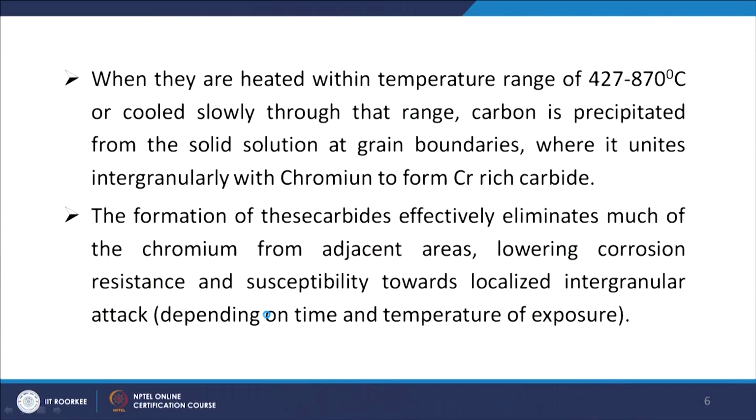Once you have that depletion, you will have a lowering of the corrosion resistance, and also susceptibility towards localized intergranular attack, depending upon the time and temperature of the exposure. That is what normally happens when you are passing through that temperature range.